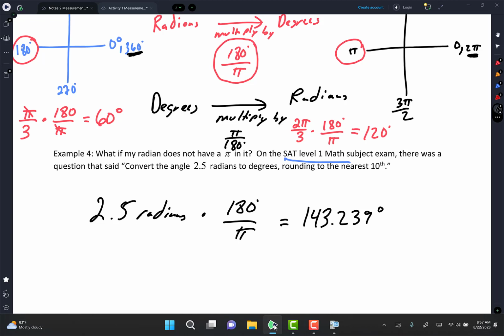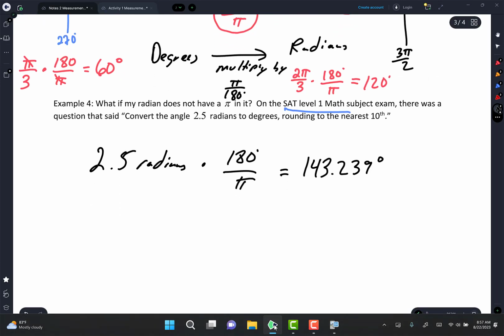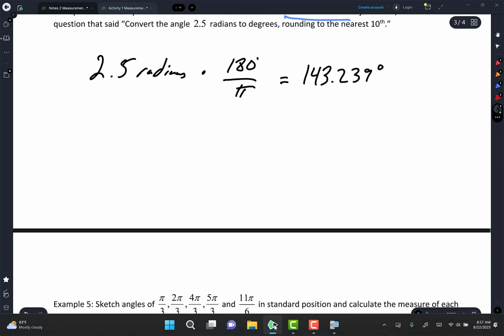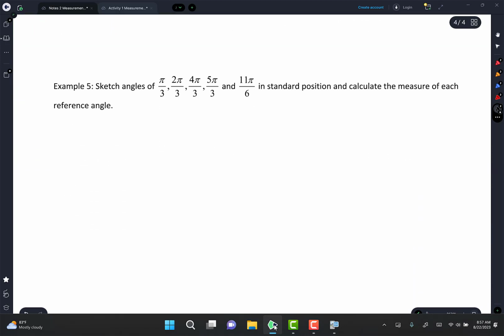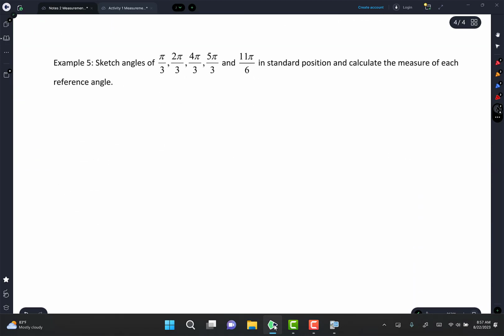How do we feel, guys? Yeah, we're almost done. Are we okay so far? All right. So now we're going to work with radians. We're going to sketch these angles. Relax. It's not going to be that bad.